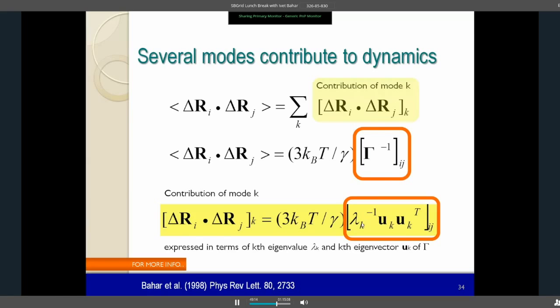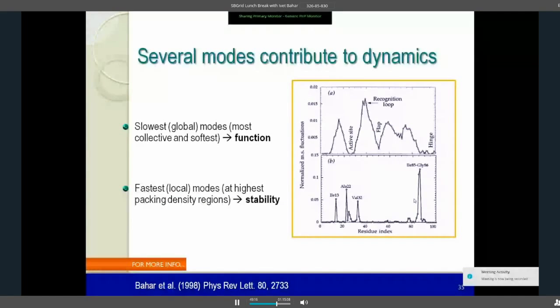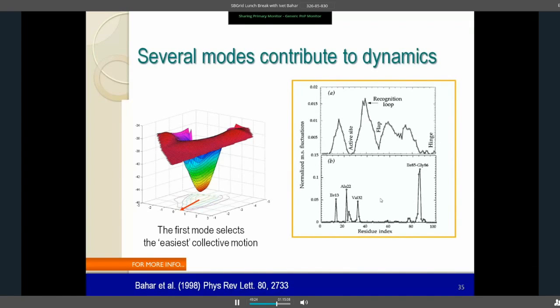And these peaks will be corresponding to regions that are subject to very high concentrations. And if you look at the energy landscape, the slowest or softest modes are nothing else than the motions along the directions that are easiest to undergo.